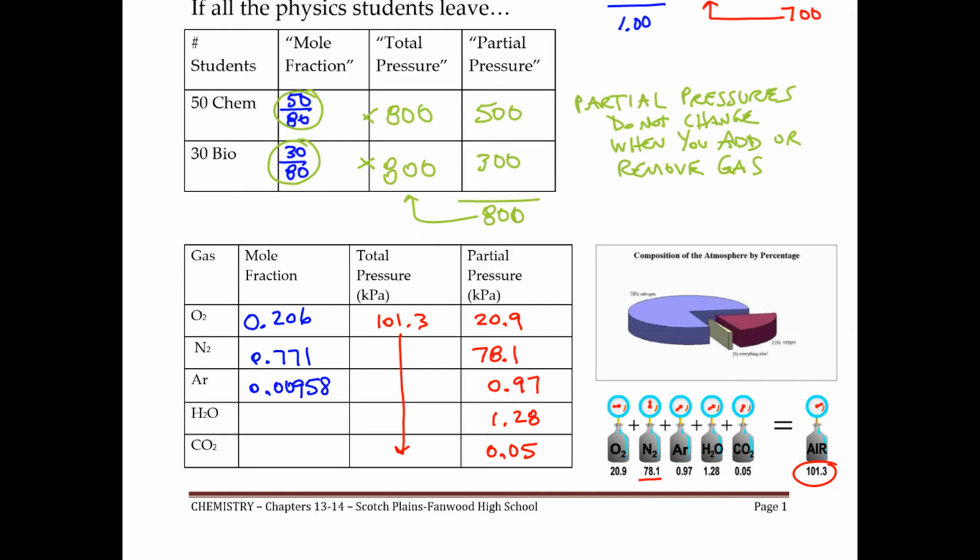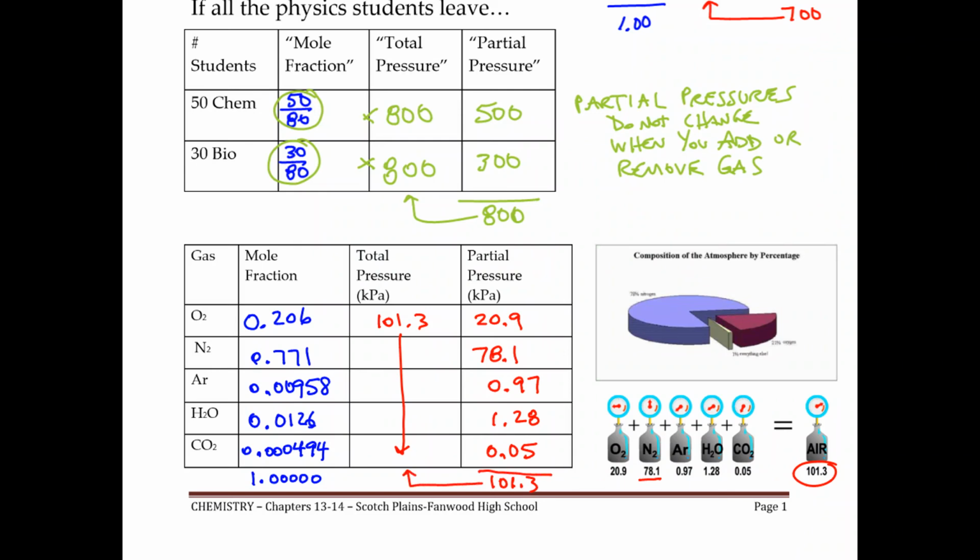You should check these on your calculator to see how we got these. 0.0126, 0.000494. When you add this up together, you get 1. That's a lot of sig figs, I know, but we're just emphasizing that you get 1. It's like 100%. And of course, when you add up all the partial pressures, you're going to get 101.3, which matches the total.